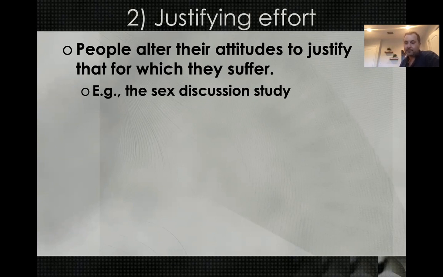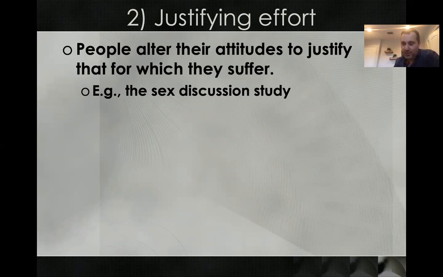That's all they knew. When they get to the lab, they're met by a male experimenter who randomly assigns them to one of 3 conditions. Women in the control condition are immediately allowed to join the group discussion. The other 2 groups of women are assigned to undergo basically an initiation. So half of those women undergo a mild initiation where they have to read off a list of mildly sexually suggestive words, but not really a big deal.